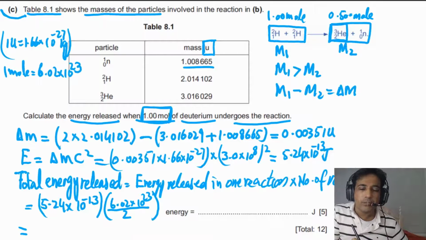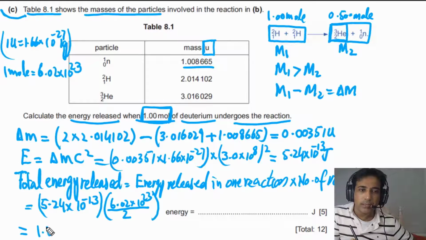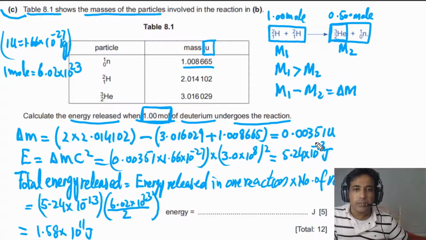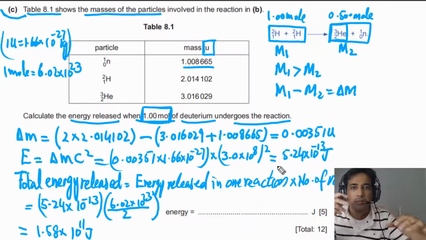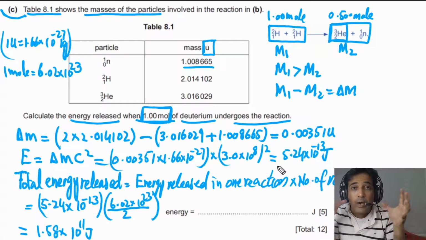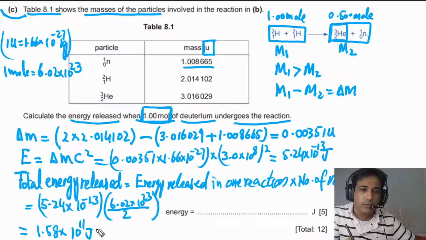If we multiply this one, we will get total energy released, and total energy released in this case will be equal to 1.58 times 10 to 11 joules. A lot of energy. If you compare this energy with this one, you can see in one reaction very little energy is released, but in 1 mole, a lot of energy is released. And this is our final answer.